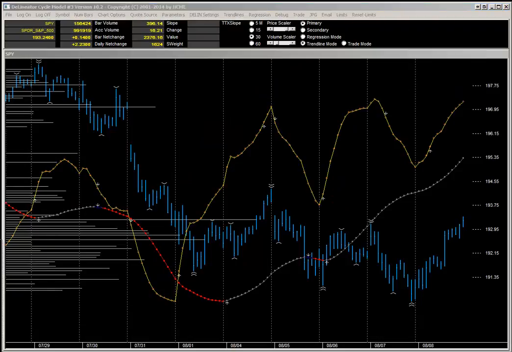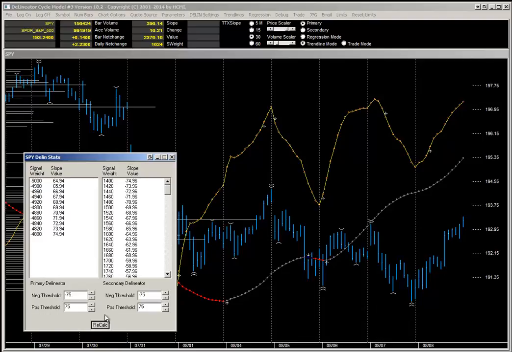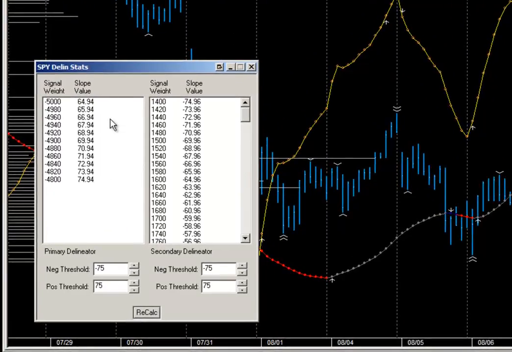So we're back on our 30-minute chart, and let's bring in our stats calculator, hit recalc. And if we come over to the primary delineator, which is this time frame, and look to see what level of signal weight is needed to turn the primary down during the current bar, we can see that there is no X slope there, and that even at minus 5,000, the primary value is still a positive number.